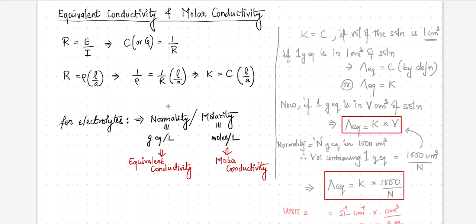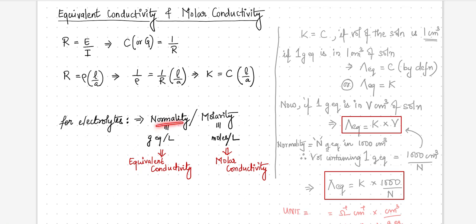So therefore we require certain conductivities which could be related in terms of concentration. For example, in solutions we relate the concentration as normality, or we relate it to molarity. So we have in electrolytic conduction these terminologies.